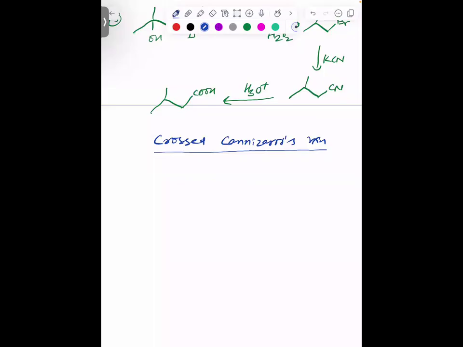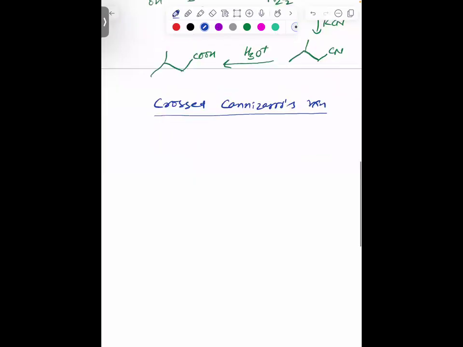When we see the crossed Cannizzaro reaction, we have to take a mixture of two carbonyl compounds. Both the compounds must not have any alpha hydrogen with them. And the medium must be concentrated alkali. Then what will happen?